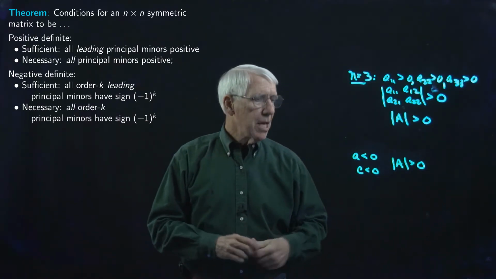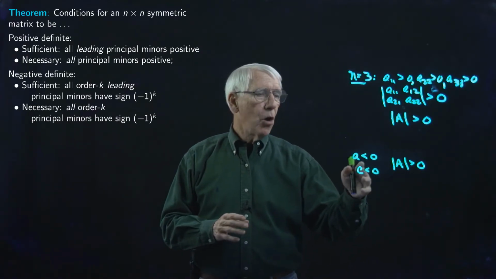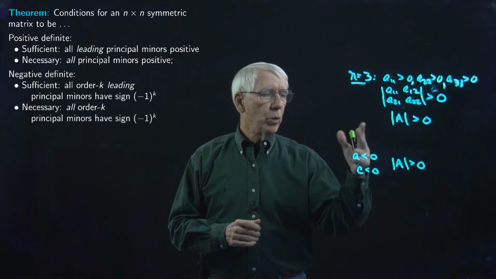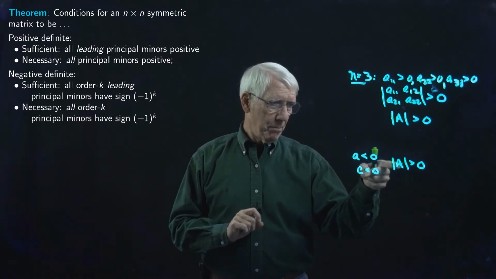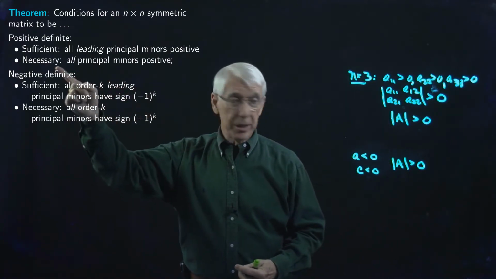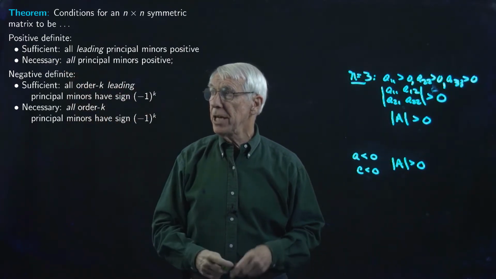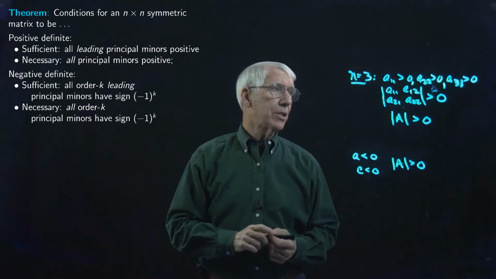So the sign of the leading principal minor was alternating between negative for the 1-by-1s, positive for the 2-by-2s, and what this generalizing theorem says is that in the 3-by-3 case, it's going to have to be the case.